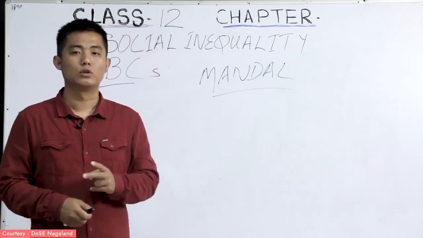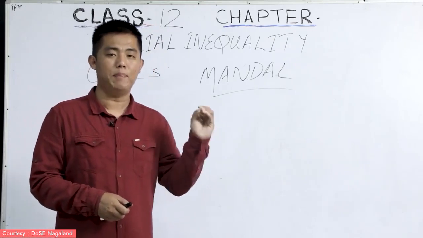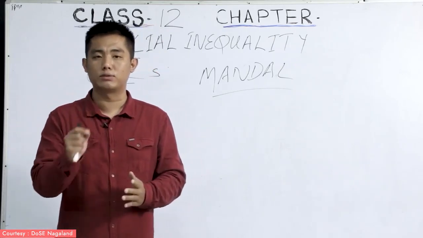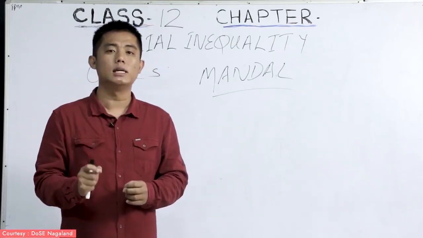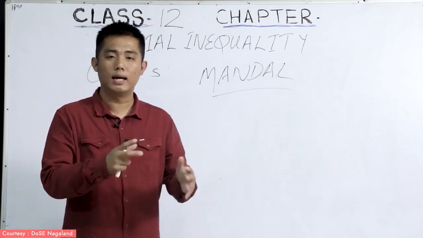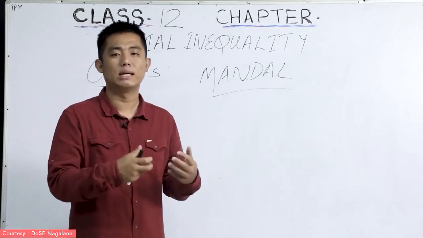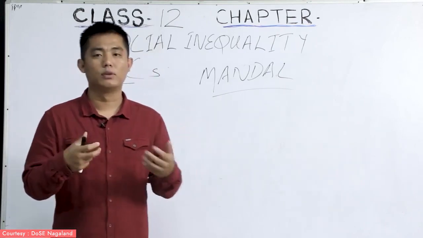One group included those who were extremely backward educationally and economically, which means most of them were illiterate and either below the poverty line or did not have the basic needs of daily life.